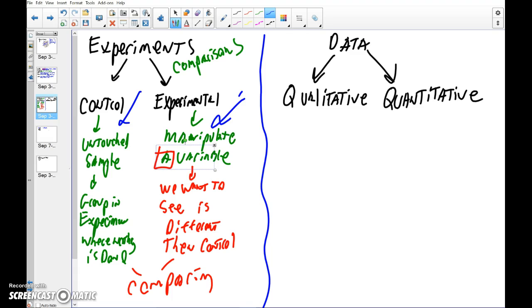But whatever form that data takes, we always put it into one of two categories. There is qualitative and there is quantitative. Qualitative data is descriptive. The chimpanzee had brown hair. That chimpanzee has black hair.